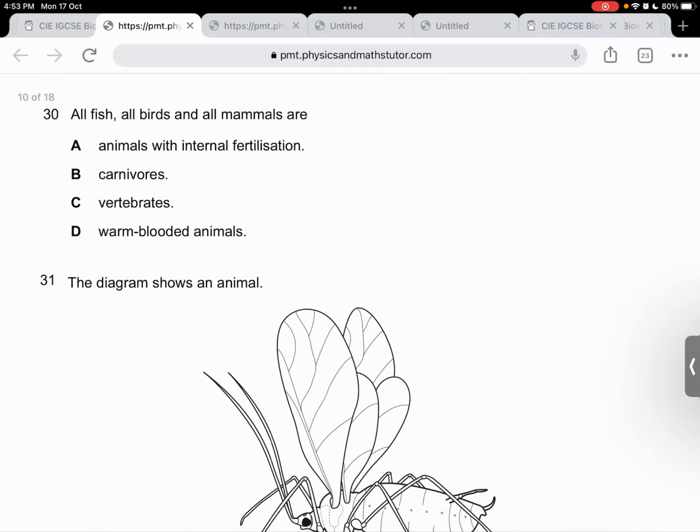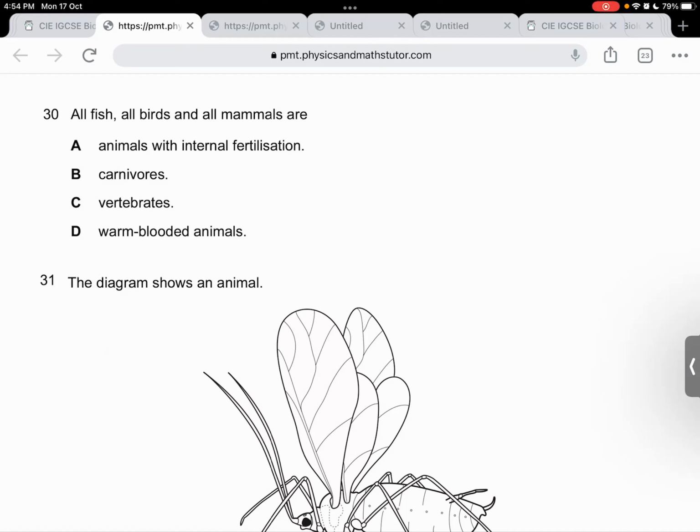All fish, all birds, and all mammals are... Miss, A. Animals with internal fertilization? Birds don't do internal fertilization, sorry.